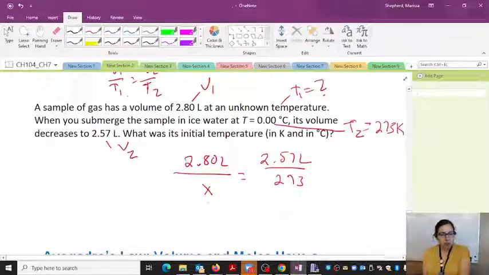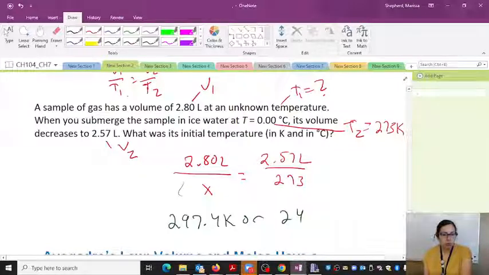Never know what could go wrong. So we have 297.4 Kelvin or 24.4 degrees C. And don't forget, Kelvin doesn't have a little degree sign, and Celsius and Fahrenheit do.